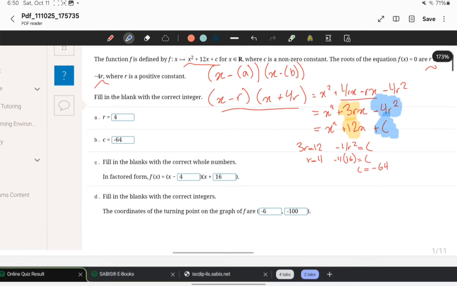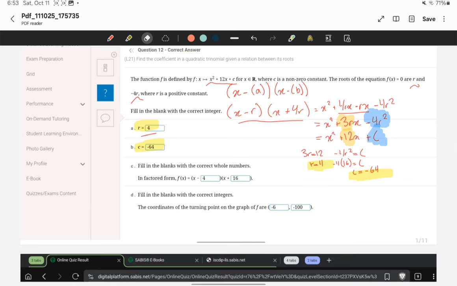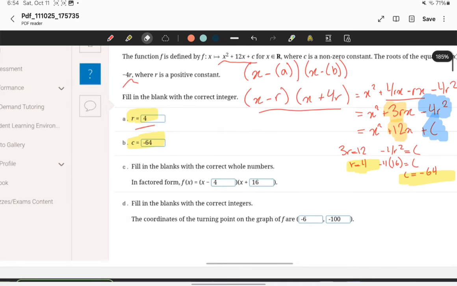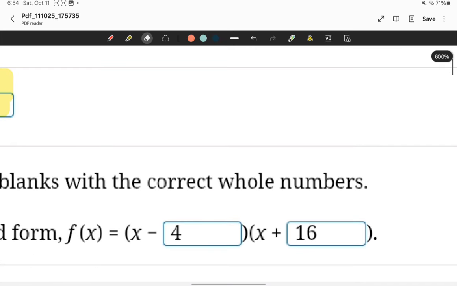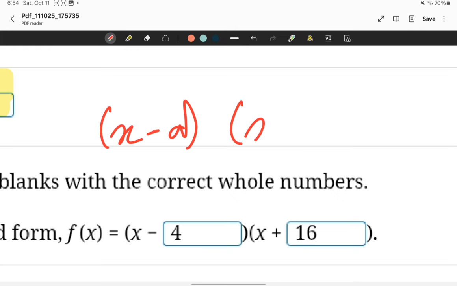Yes, so we take that. That's what they want. They want r is 4, c is minus 64. Now c, in factored form, f of x equals to. Okay, remember we said that now our equation is x minus our first root times x minus our second root.